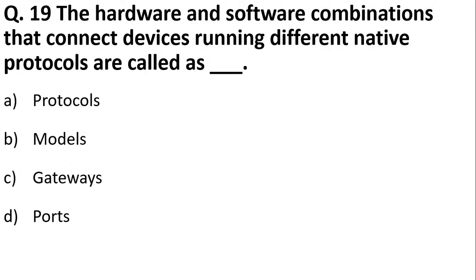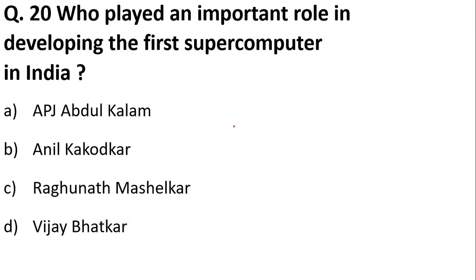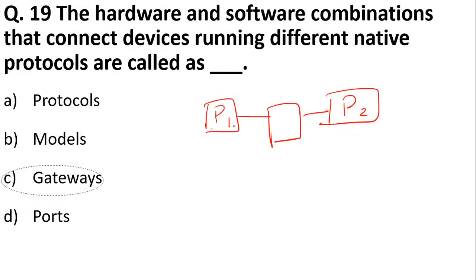But if you want to connect, like this is some computer or network that is using protocol 1, and this is some network that is using protocol 2, if you want to connect these two, we need something in between so that they could talk. For that we use gateways. Gateway is the right answer. C is the right answer to this question.